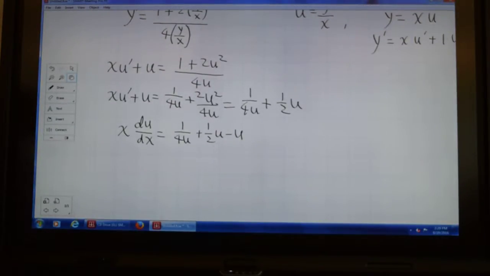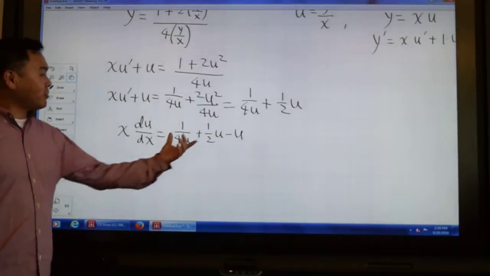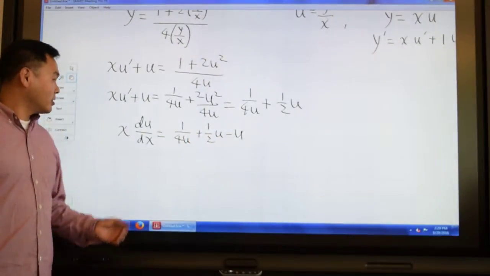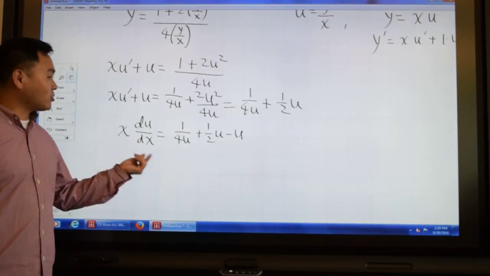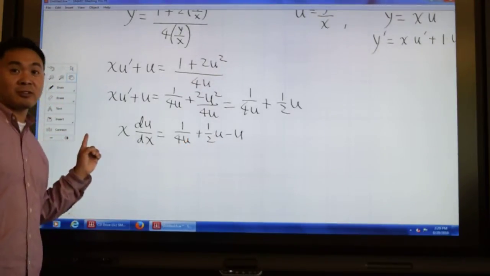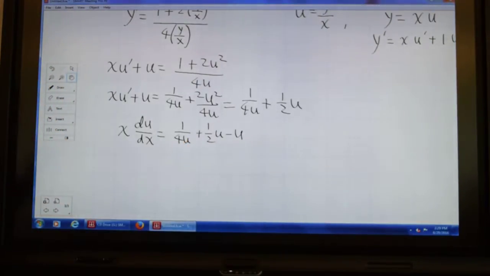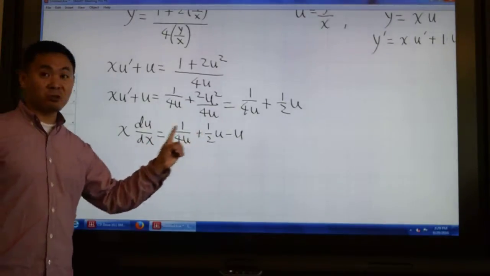And then look what we have. I have a function of u only here, a function of x only here. So if I move dx to the other side and also divide by x, and also divide this entire thing to the left side, you've done what? You've separated. So what kind of differential equation is this?